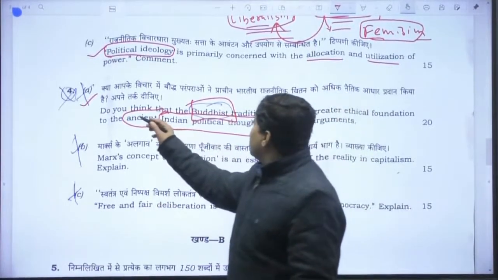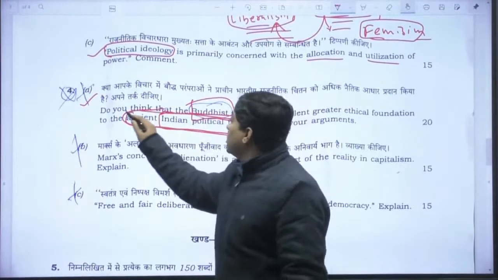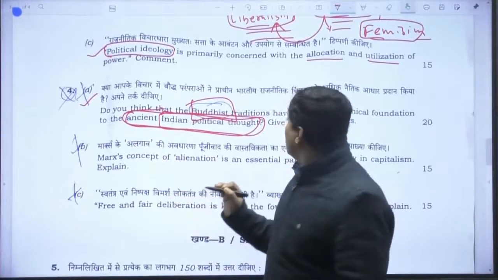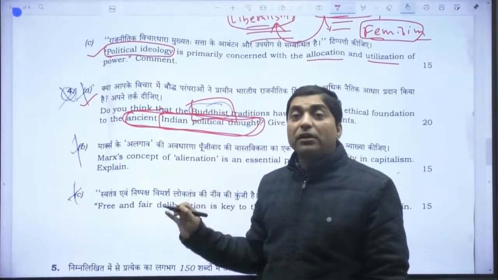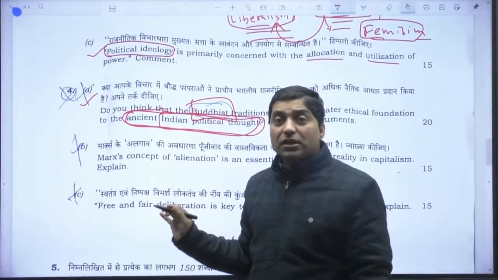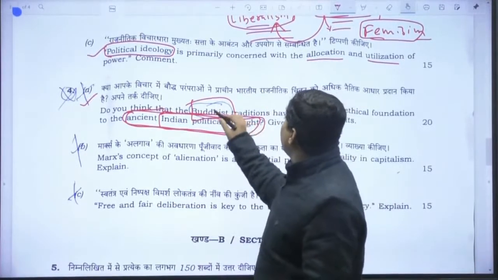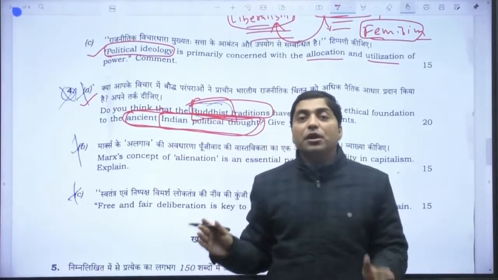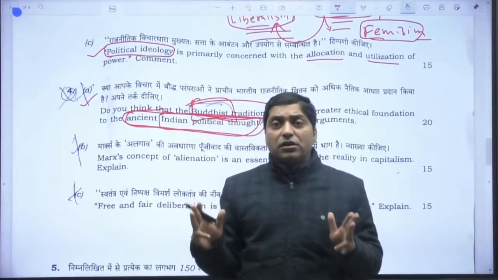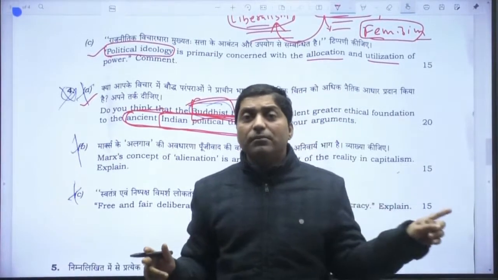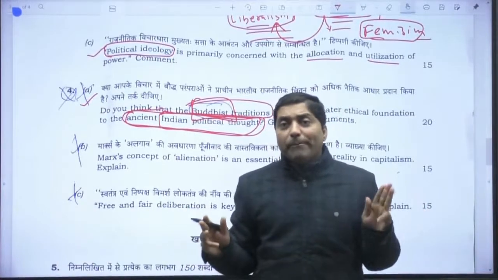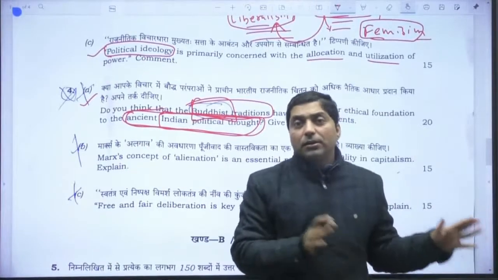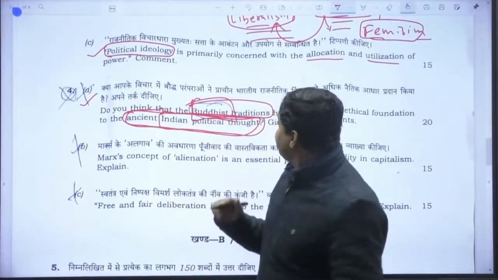Ancient Indian political thought was based on a social order, varnashrama dharma, which focused on the notion of birth. But the Buddhist tradition talks about not birth but karma. A man's worth depends not on birth, but on karma.